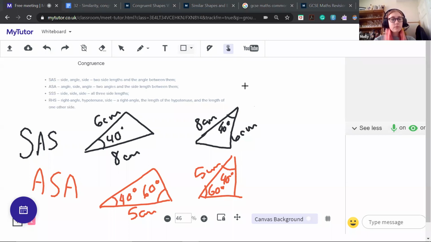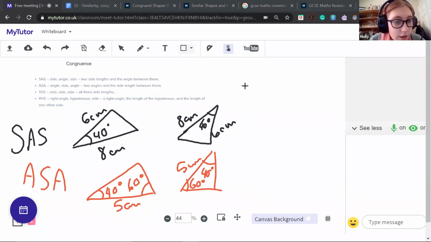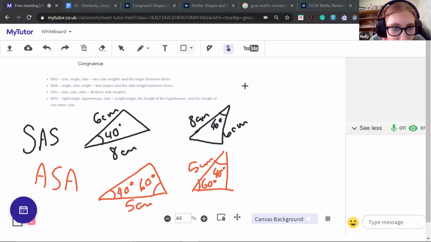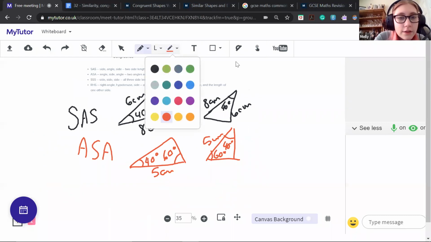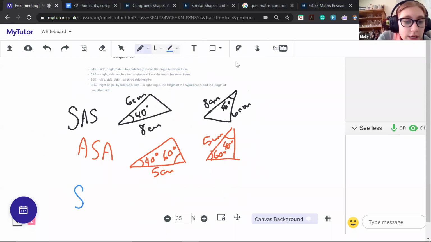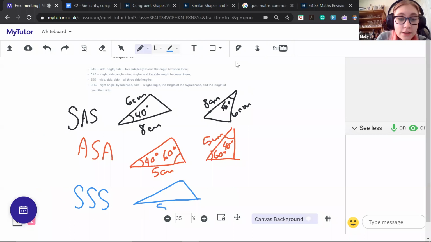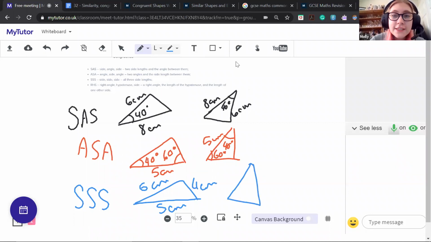Okay, so the third one, side angle side, just trying to make sure that you can see it all on there. Okay, side, side, side. This is exactly what it sounds like. If we've got all of the sides, 6 and say 4, and another one that has the same, as long as they're the same way round.